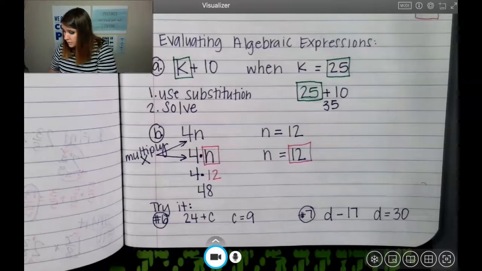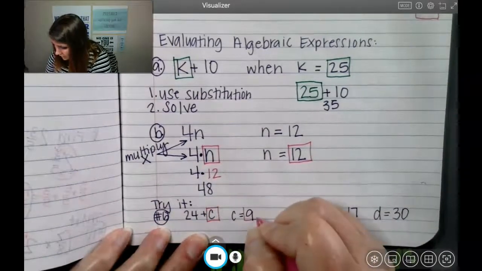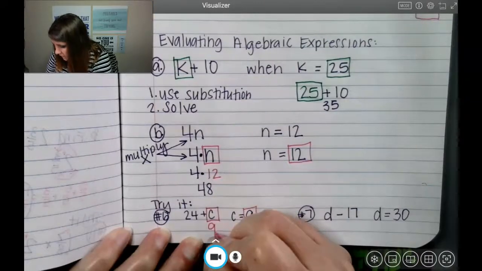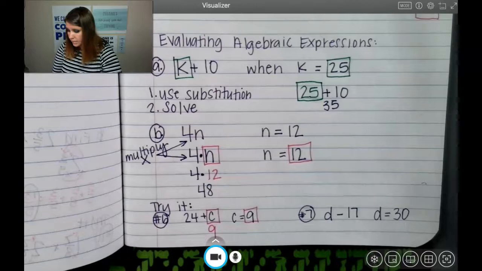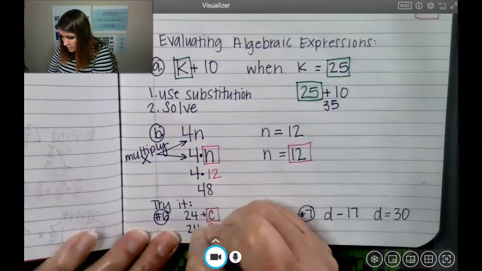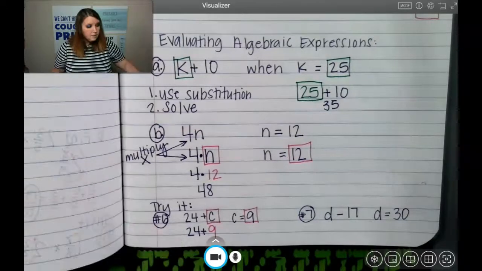All right, so I know that C is 9. So where there's the C, I'm going to put a 9. The rest of this is just going to stay the same. So 24 plus 9.